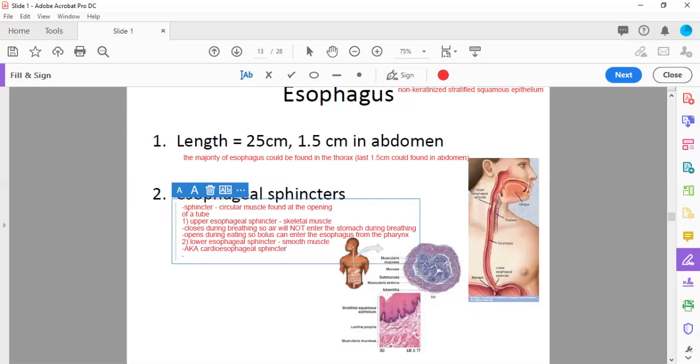And this sphincter opens during the esophageal phase of swallowing, so bolus can enter the stomach.